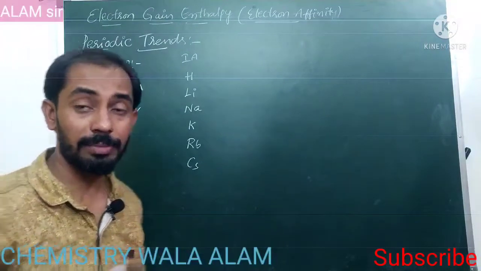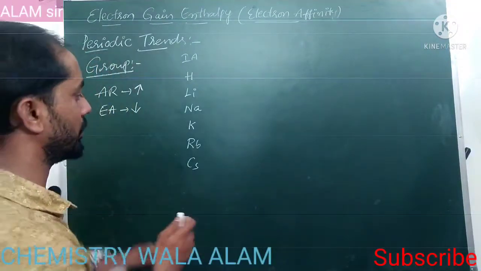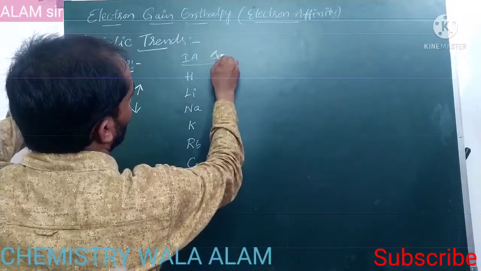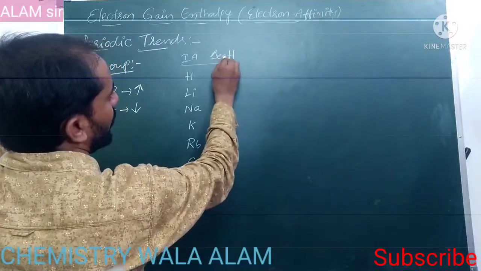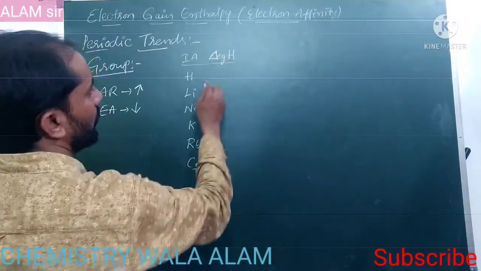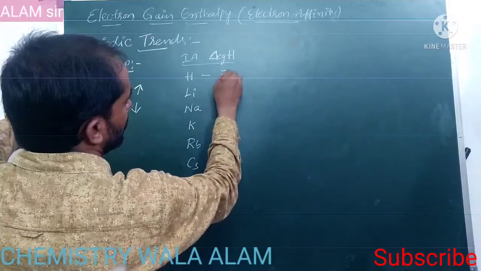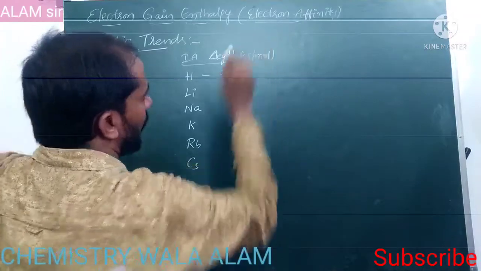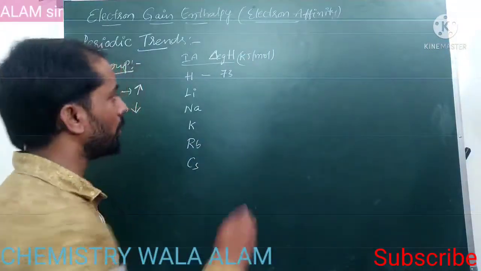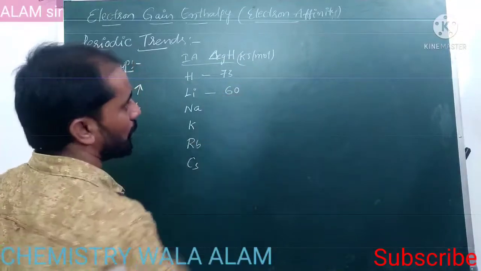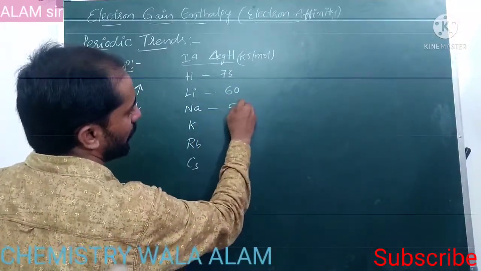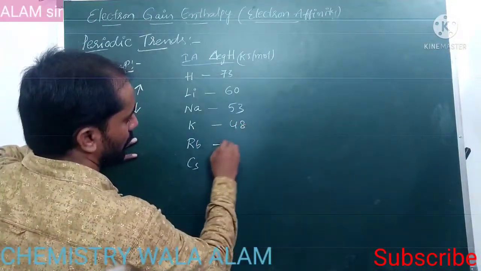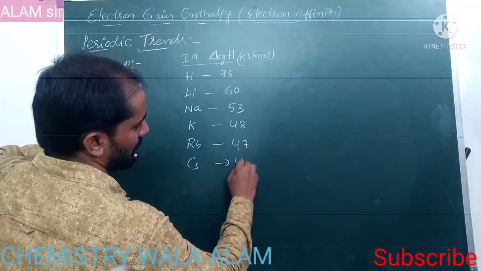Francium is a radioactive element, so we do not consider it here. The change in electron gain enthalpy, in kilojoules per mole: hydrogen is 73, lithium is 60, sodium is 53, potassium is 48, then 47 and 46.